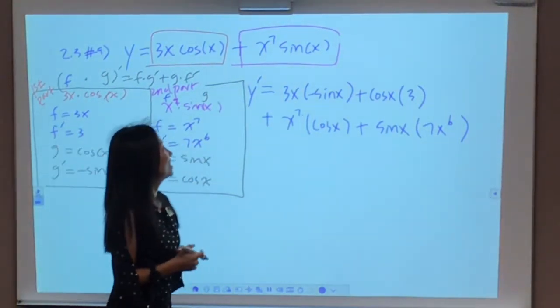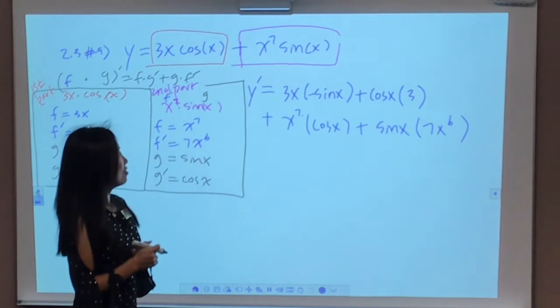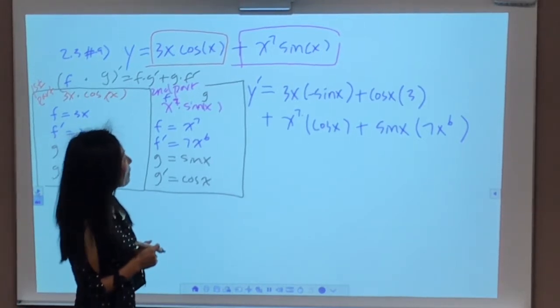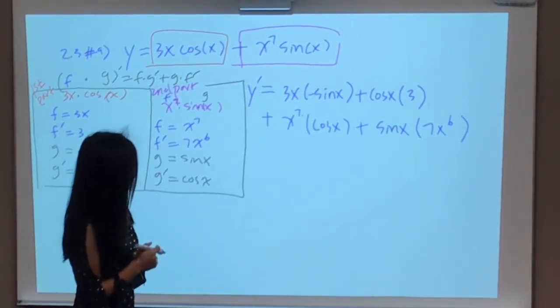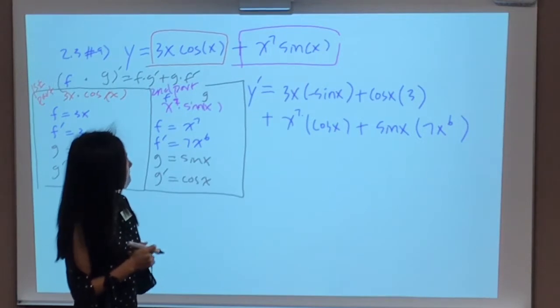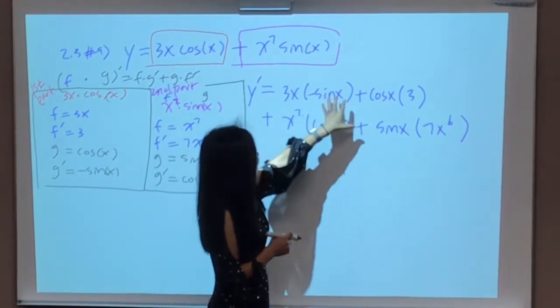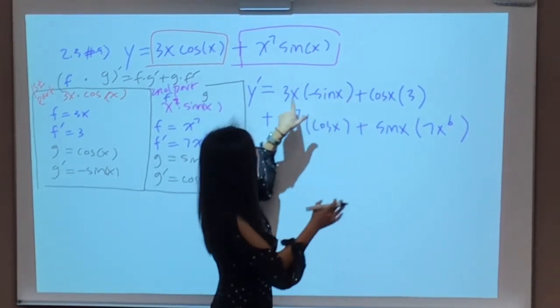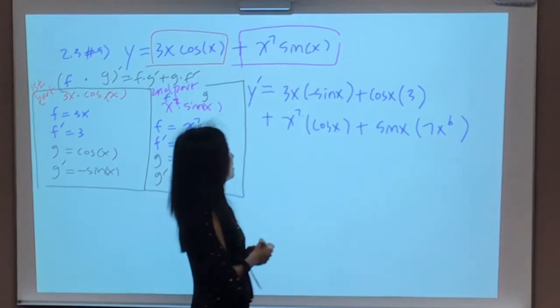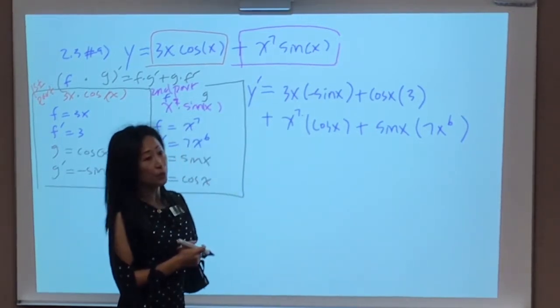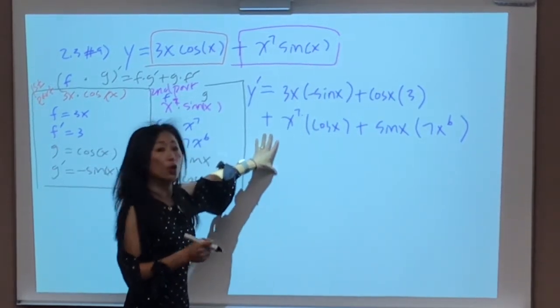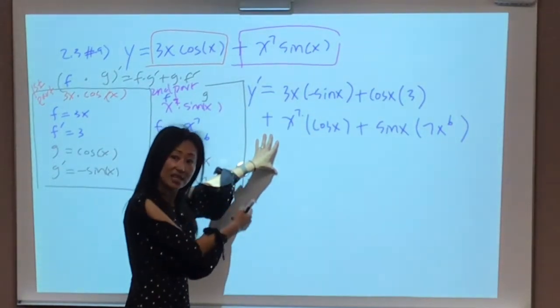So I have this. Now, is there something that I can combine? Or do they have any more? Sine x and sine x, I can combine them, but I cannot really make anything simpler than this. If you want to, I don't know, your WebAssign will take an answer like this.